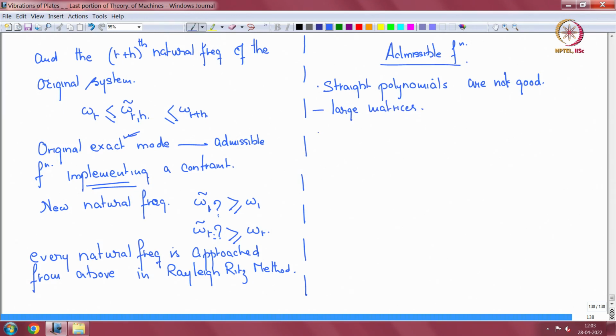And the book states that even transcendental functions have problems in terms of implementing restraints.